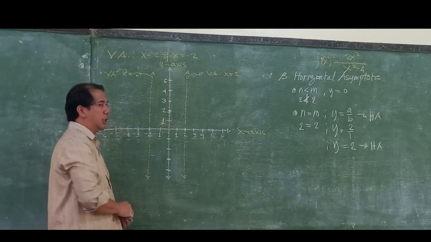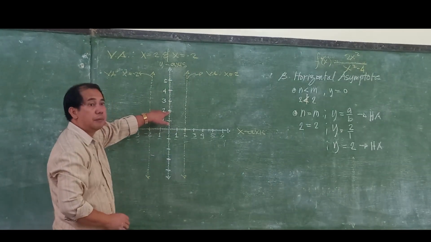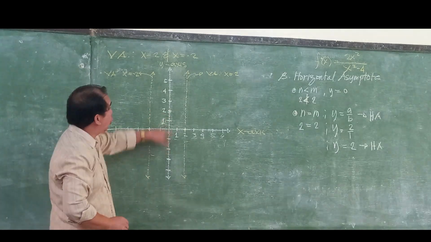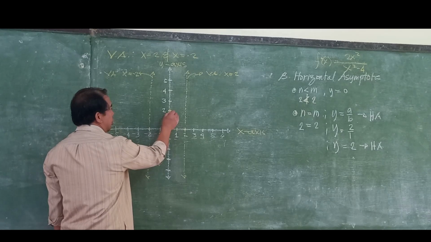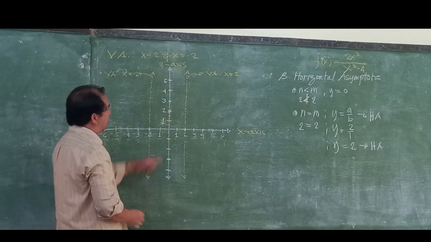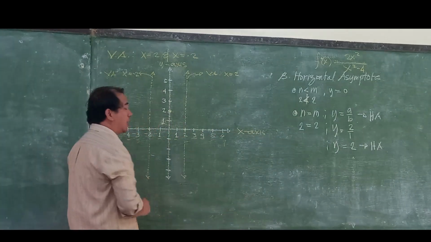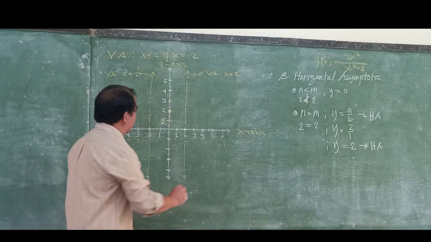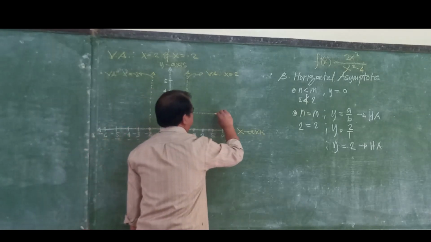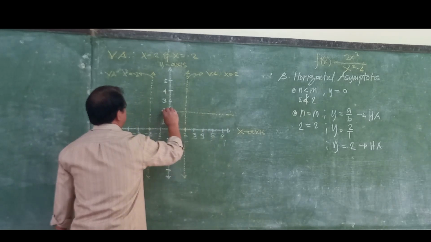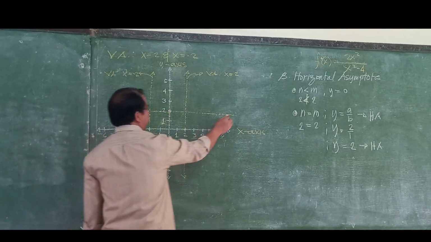Can we locate now the horizontal asymptote? Yes. Where is it located? It is located in here along the y-axis, positive y-axis. So this is our horizontal asymptote. After locating the y equal to 2 that we identified to be our horizontal asymptote, that's the time we're going to draw our horizontal line.